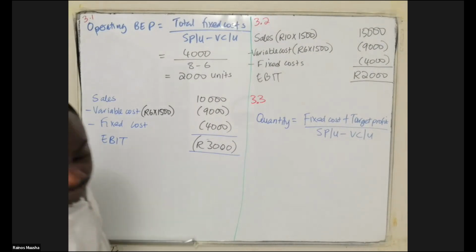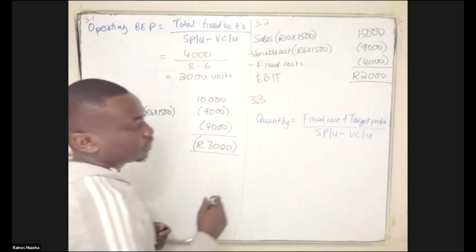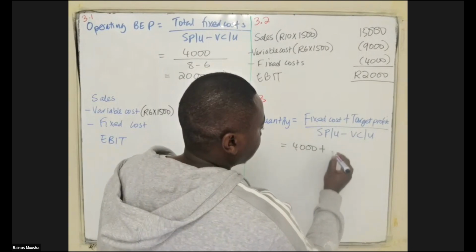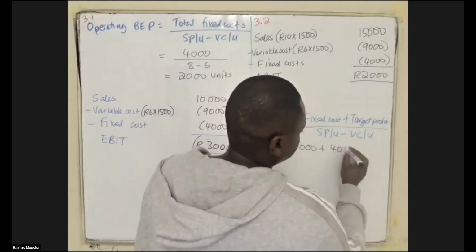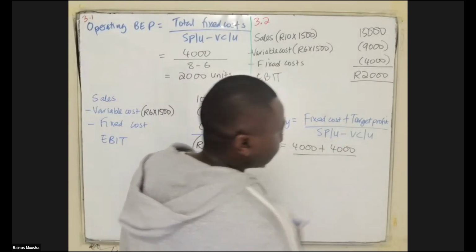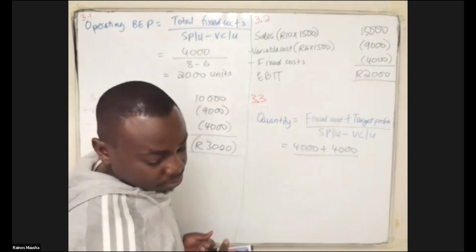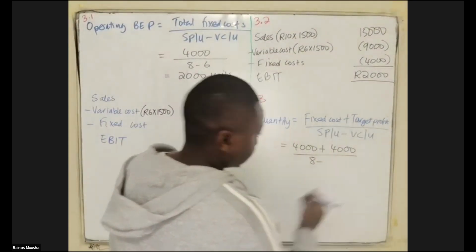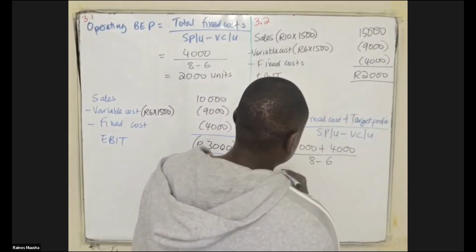So from the given information, our fixed cost, we already know it, it's 4,000. Our target profit is given to us as 4,000. Our selling price per unit, remember they tell us that in this case, the buyer negotiates to buy at 8 rand. And we know that our variable cost per unit is always going to be 6 rand.